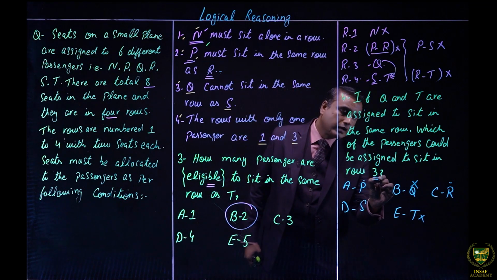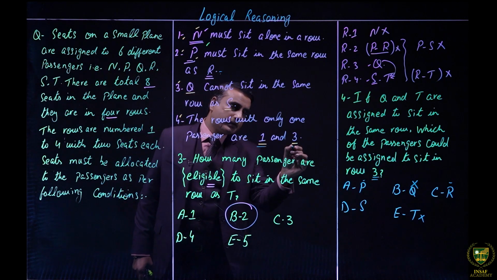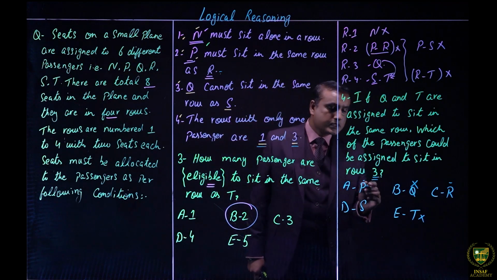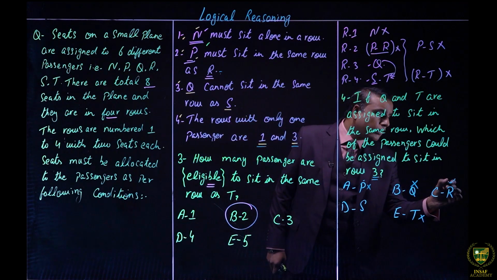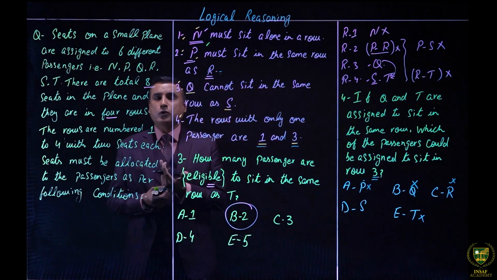And we know that in row number 1 and 3 we can only accommodate one passenger. So it means P or R, they are not eligible to be in row 3.